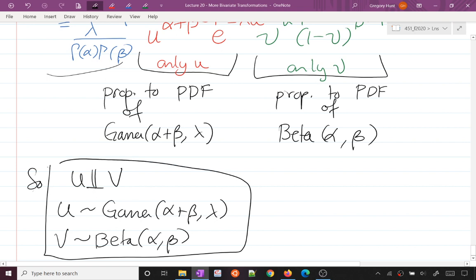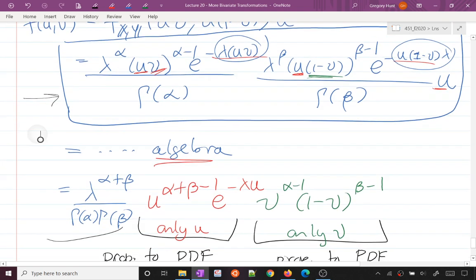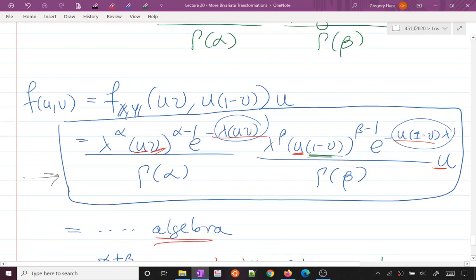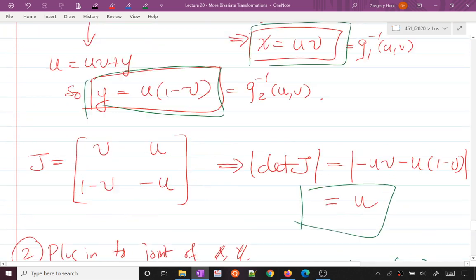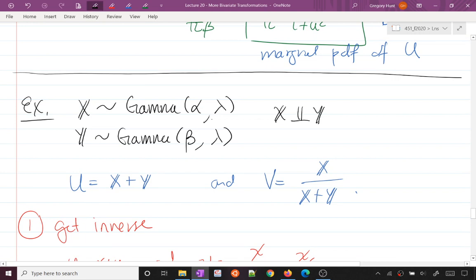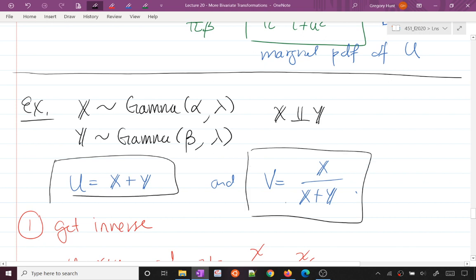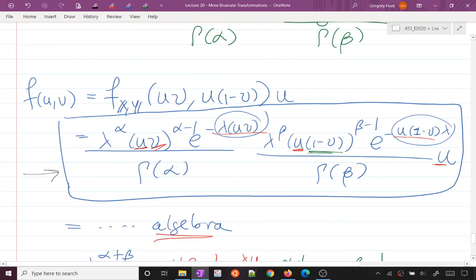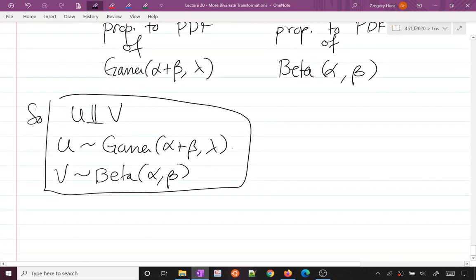And so what we've shown, if we go back up to what the actual problem was, is that x was gamma alpha, lambda, y was gamma beta, lambda, and x is independent of y. If you sum them together, that is u, which is x plus y, it is another gamma.